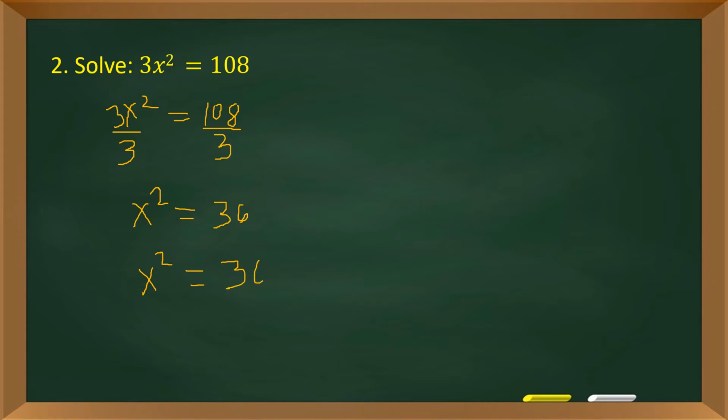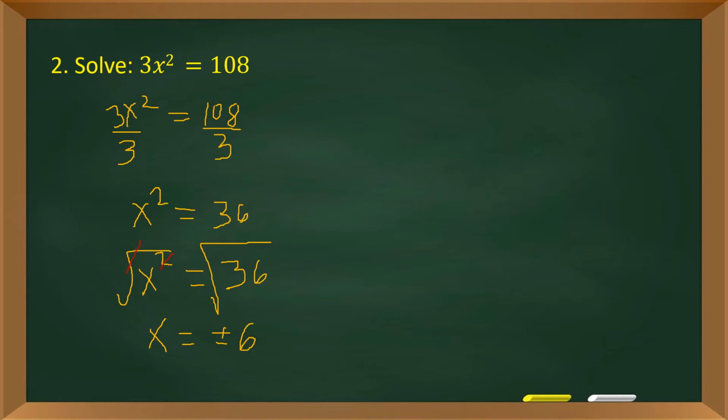So, extract na natin square root of both sides. So, x squared and 36. Square root of x squared. Again, cancel square root and square. So, that is now x, and the square root of 36 is plus or minus 6.